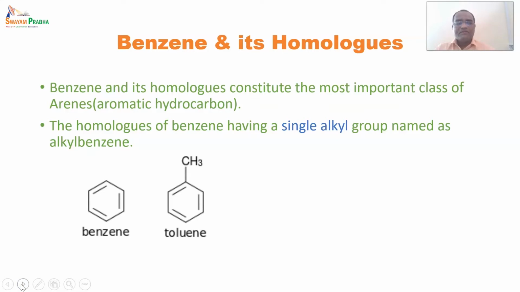So this is the first analog or homolog of benzene, that is toluene, having a CH3 at the first position. There are a total of 6 positions in benzene, starting from 1 to 6, indicating 6 carbons. So when the first carbon carries CH3, it is called toluene. After that, the second homolog, that is ethyl benzene.